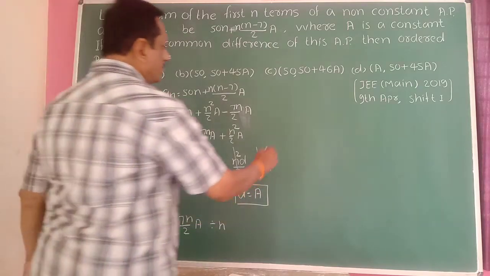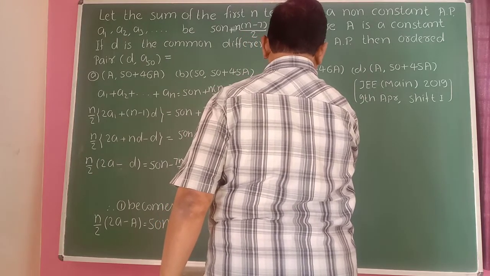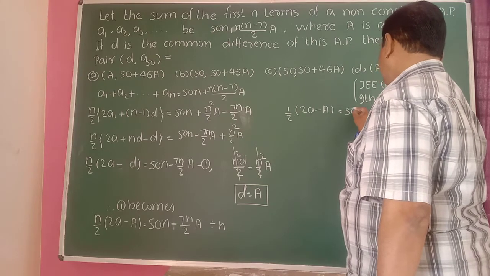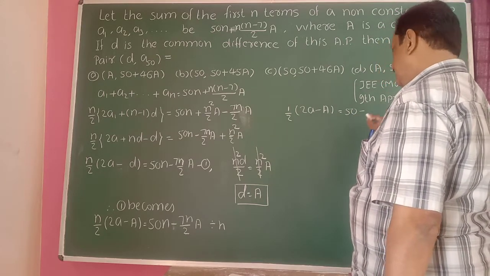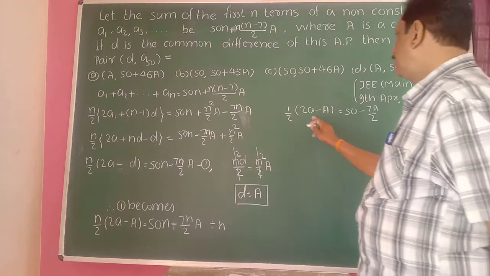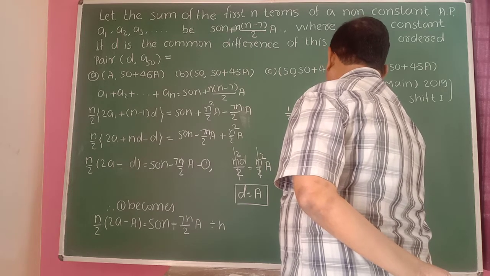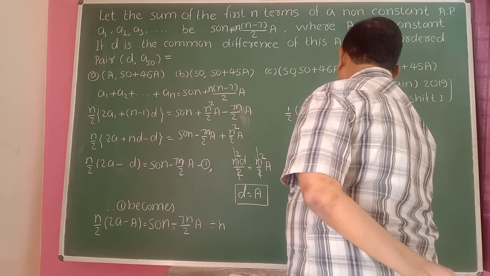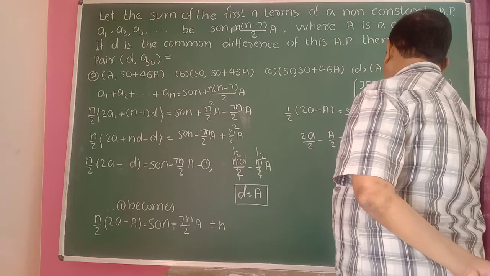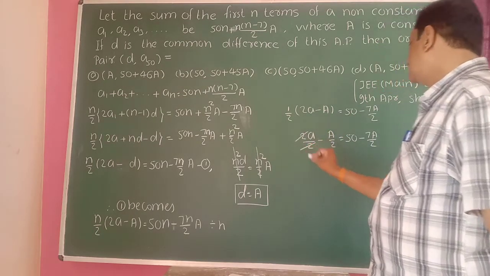Therefore remaining here 1 upon 2n into 2a minus capital A is equal to 50 minus 7A divided by 2. Therefore 2a upon 2 minus A divided by 2 is equal to 50 minus 7A divided by 2. Then this 2 cancels here.